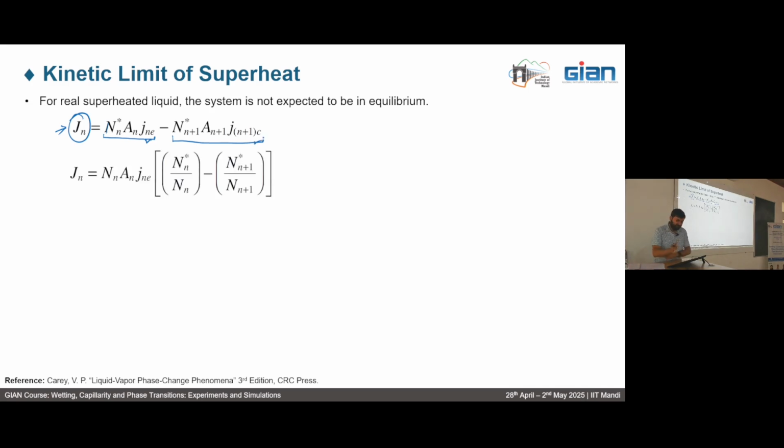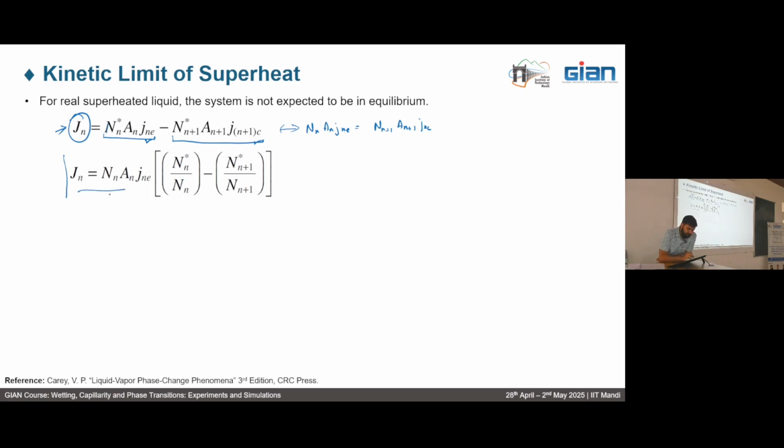So using this equation and the previous equation, which was simply Nn An Jn e equal to Nn plus 1 An plus 1 Jn c, using both these equations we can get Jn in terms of N star and n.